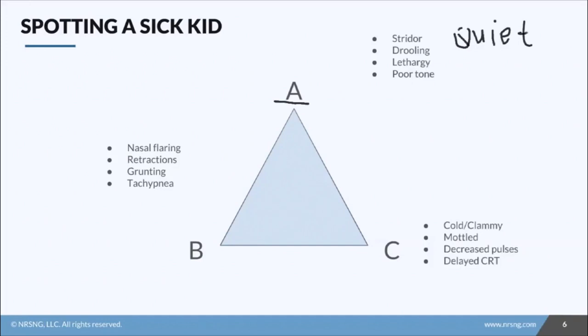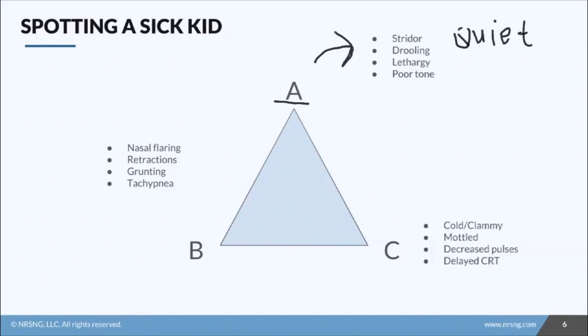If you're taking care of an adolescent patient with asthma and they can't talk because they're having such a hard time breathing, again, alarm bells. We want our peds patients a little bit upset and pushing against us. If they aren't, we need to know why. Other red flags that you need to pay attention to for airway and appearance are stridor, drooling, lethargy, poor tone.